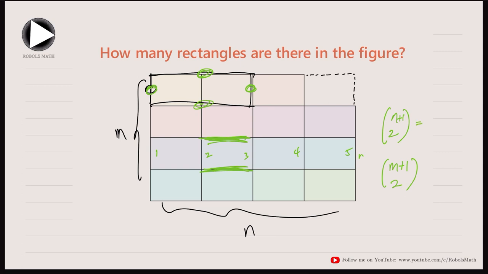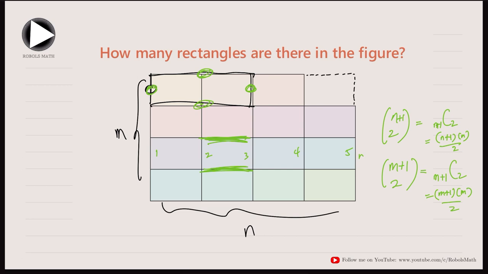This is also written as n plus one C2, if you're more comfortable with that, and m plus one C2 as well. Of course, we can simplify this as n plus one times n over two, and for the other, m plus one times m over two.